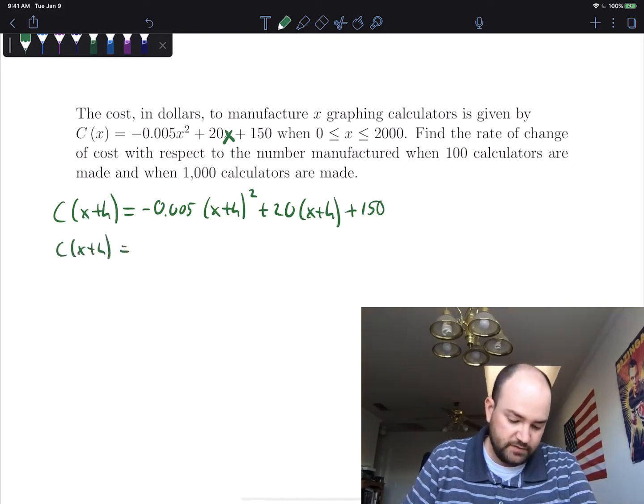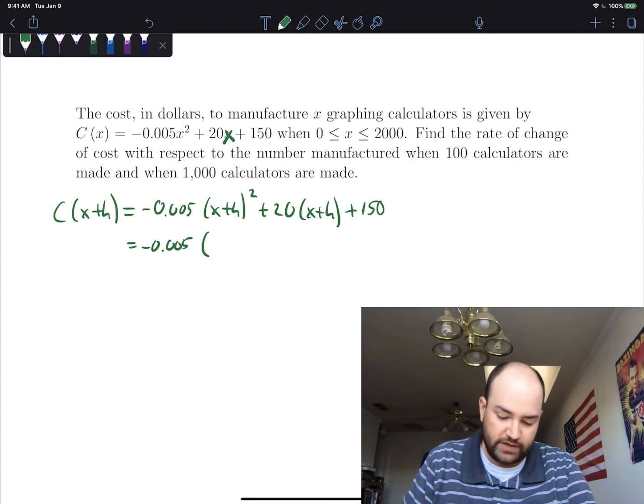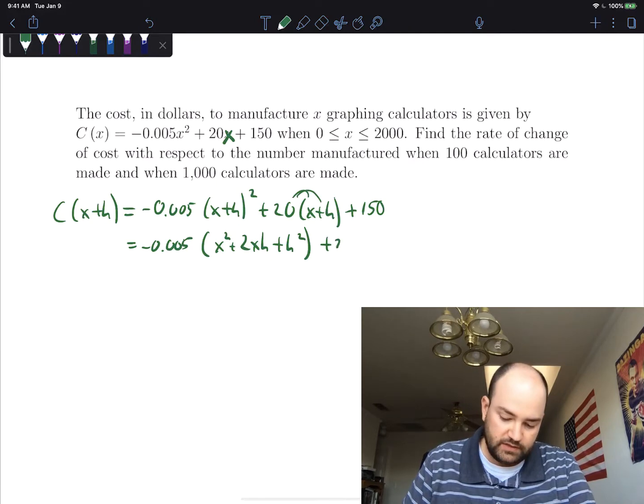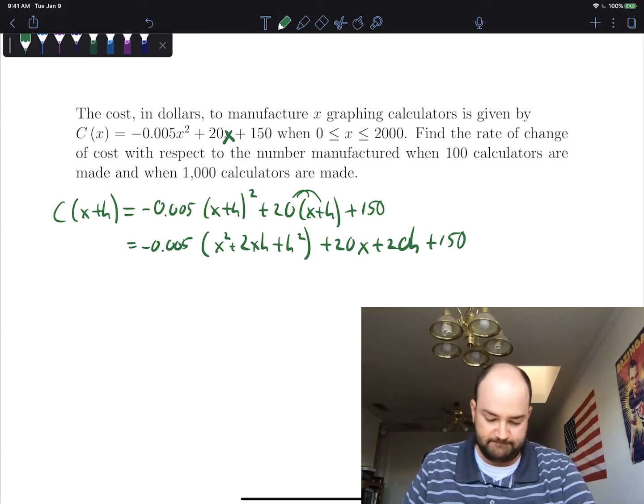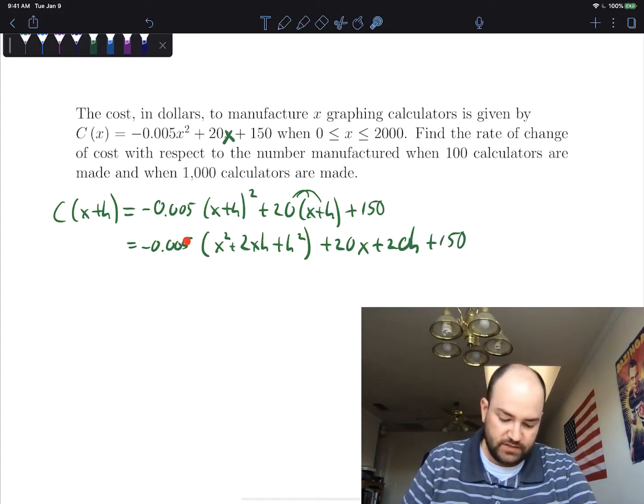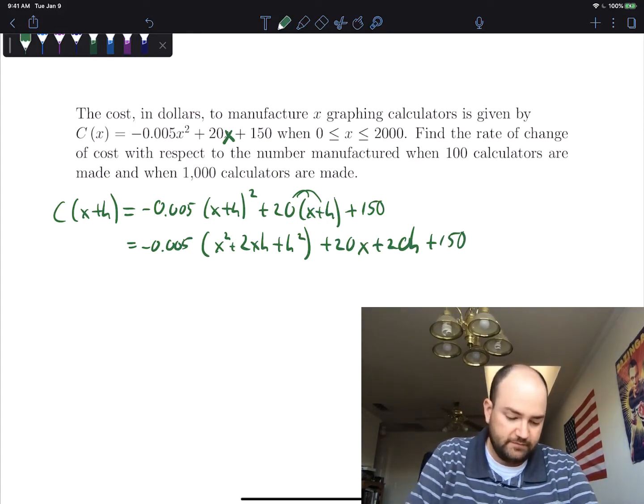Simplifying, that gives us negative 0.005, and then (x plus h) all squared is x squared plus 2xh plus h squared. Distribute the 20 there, gives us plus 20x plus 20h, and then plus 150. Now distribute the negative 0.005.